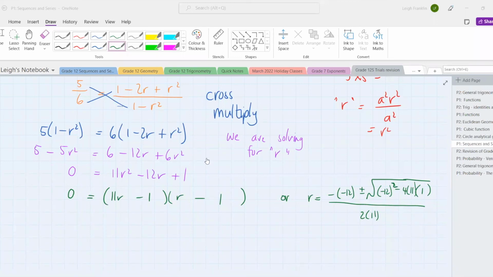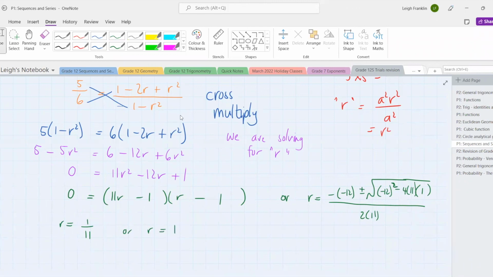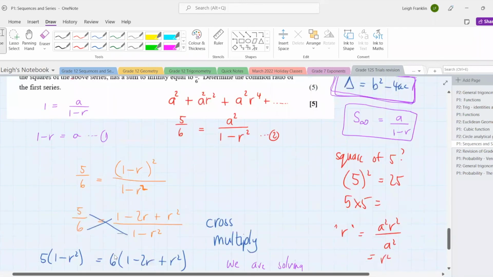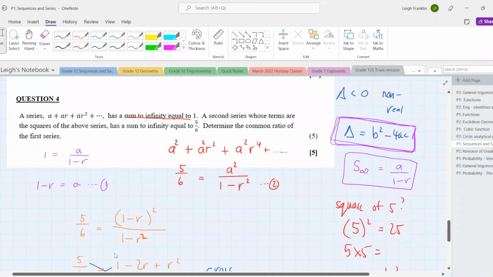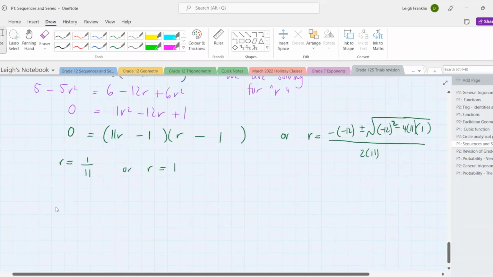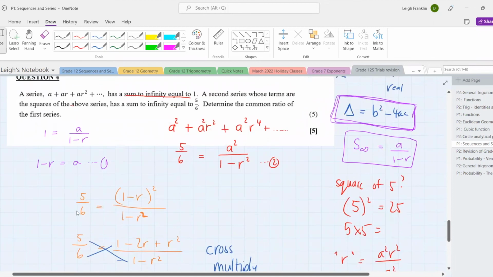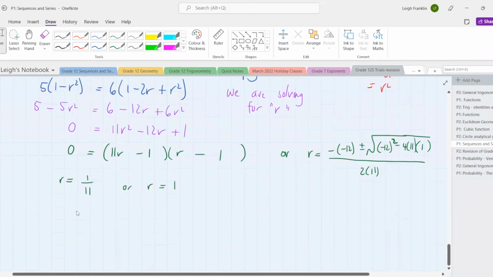So either r is going to be equal to 1 over 11, or r is going to be equal to 1. Now, is it possible for r to be equal to 1 in a sum to infinity? Is that allowed?